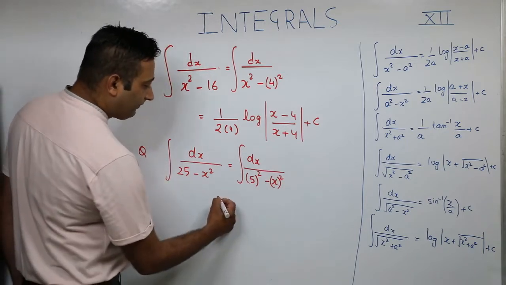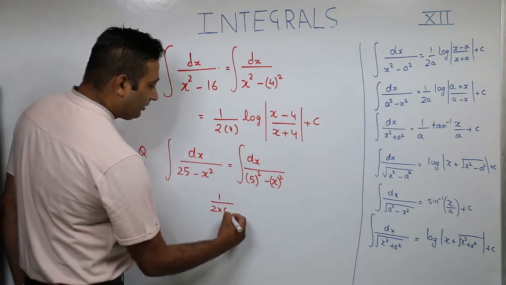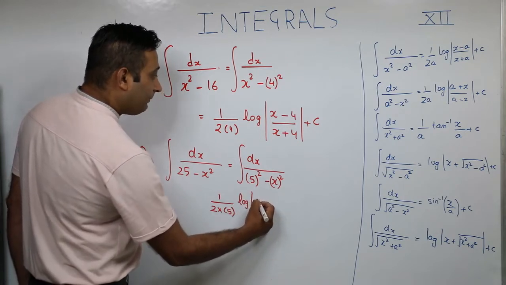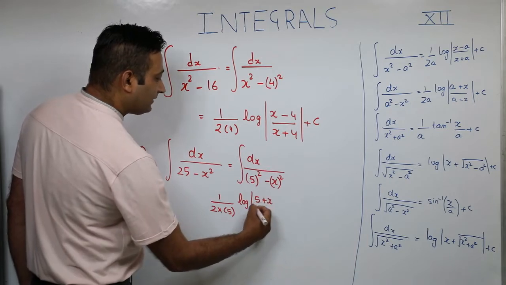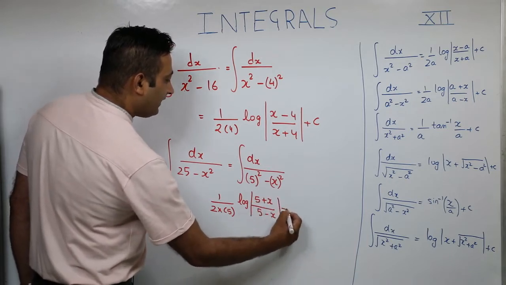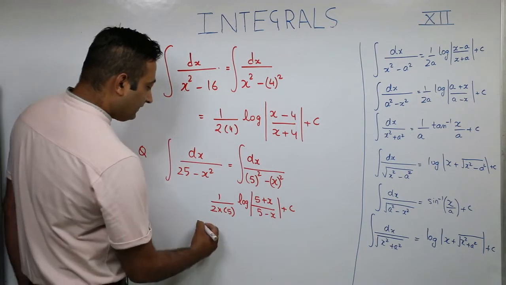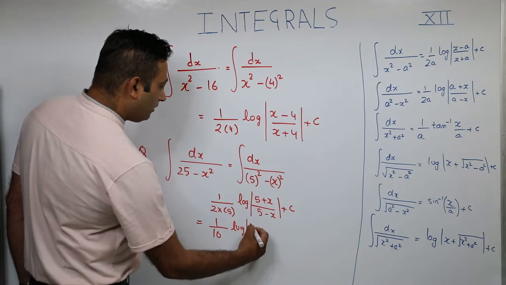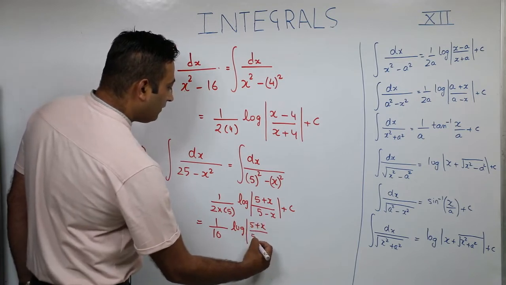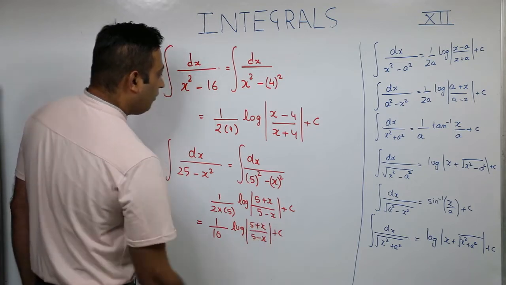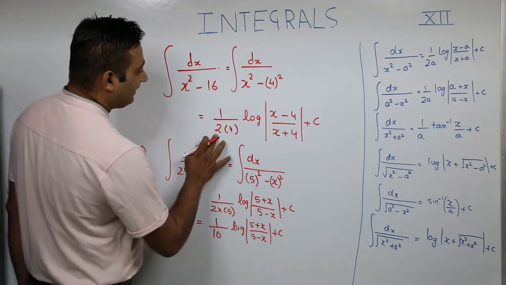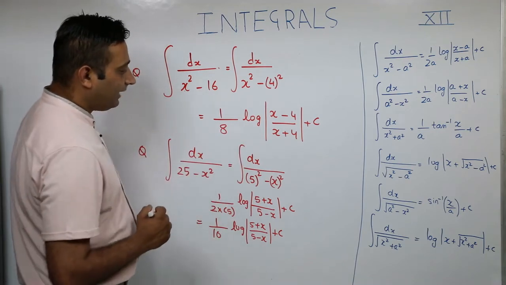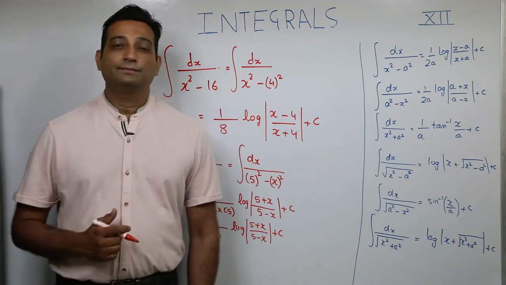So the answer will be 1 upon 2a, that is 2 into 5, log of mod a plus x, that is 5 plus x, upon 5 minus x, plus c, which is equal to 1 by 10 log mod 5 plus x upon 5 minus x plus c. Also in the previous question we can see that 2 into 4 is 8. So the standard integral can be applied in both these questions.